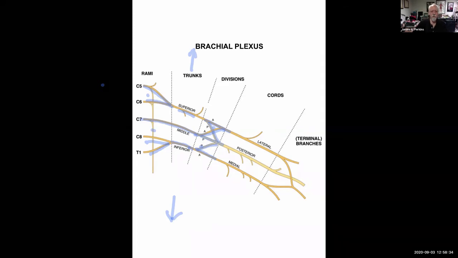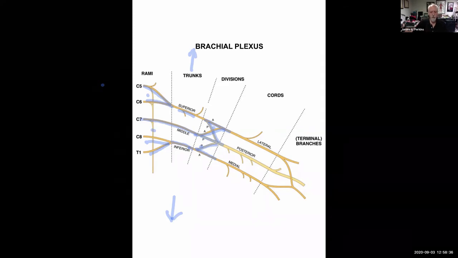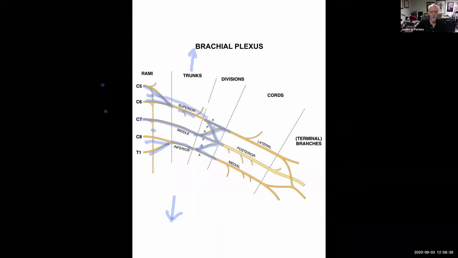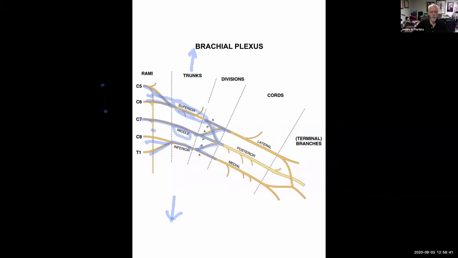So you start off with the three trunks, which are named for their position: superior trunk at the top, middle trunk in the middle, and inferior trunk at the bottom. Then each of those three trunks is going to split into anterior and posterior divisions. So the fact that the posterior division is above the anterior division of the inferior trunk doesn't matter. It's all still inferior to the other trunks. Does that make sense? Kind of, yeah. Okay.